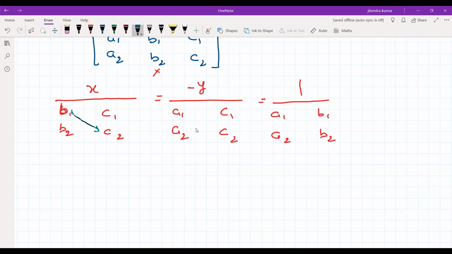Now here what we have to do, you have to multiply these 2 first and minus of these 2.